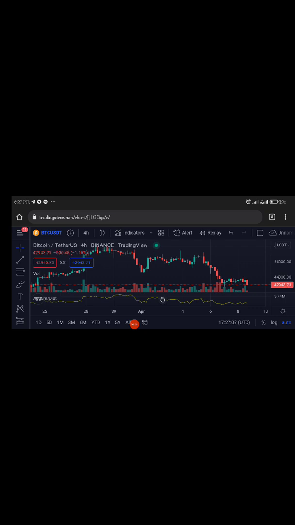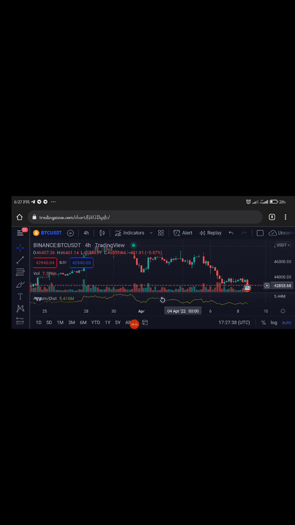You can see the way BTC has been trading around 42,800 to around, let's just say, 44,000 or thereabouts. Even currently, when the market is dumping, you can see it's still around that same 42,800 range.